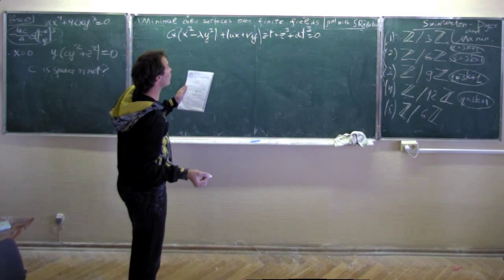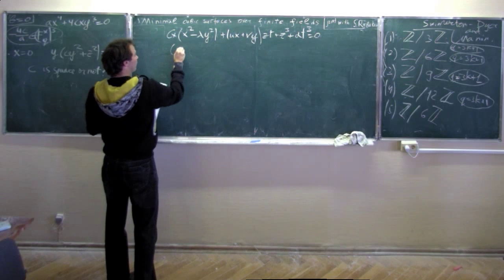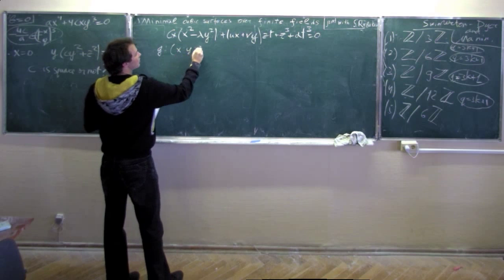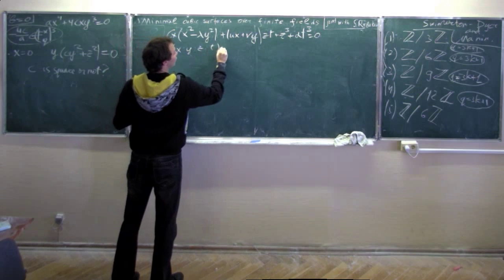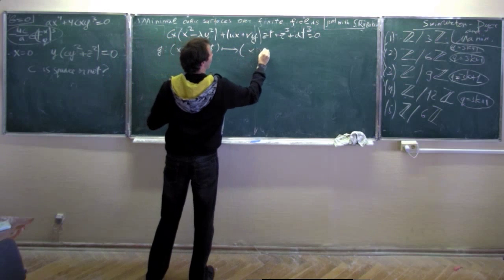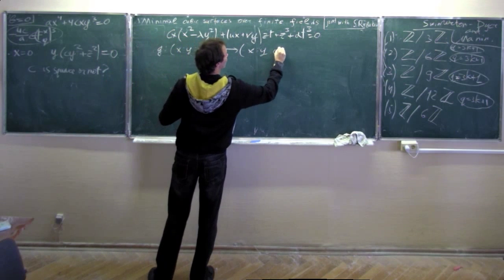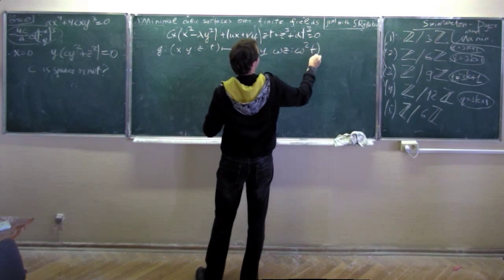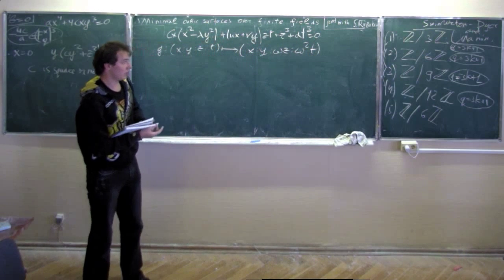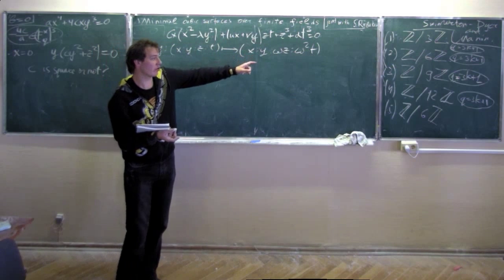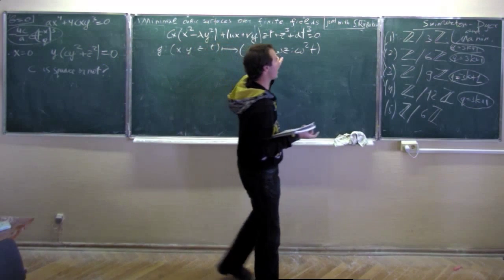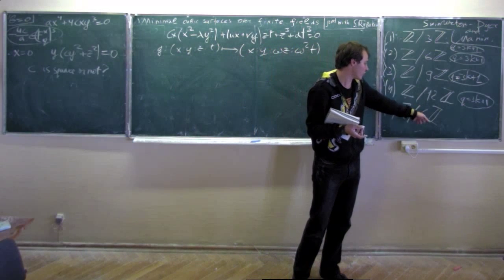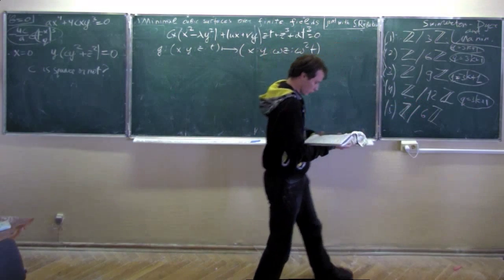We have a group action on this surface. This element G sends x, y, z, t to x, y, omega z, omega squared t. You see that it is an element of order 3. Really, this element acts on the Weyl group like an element of order 3 contained in this group.